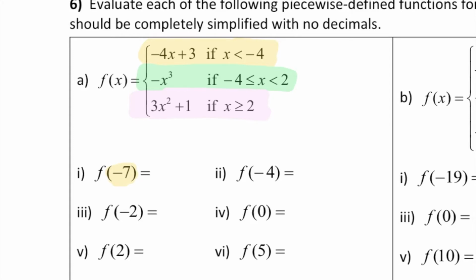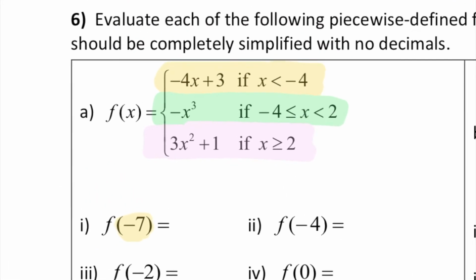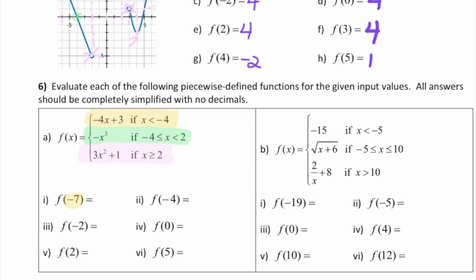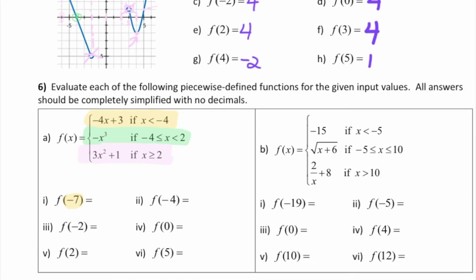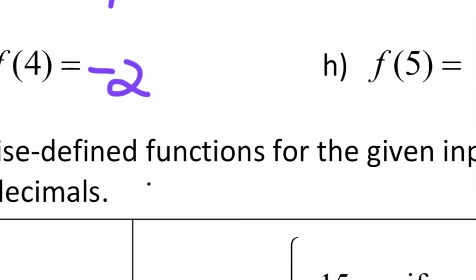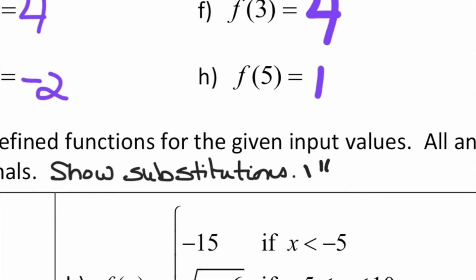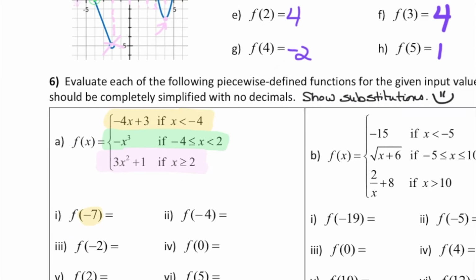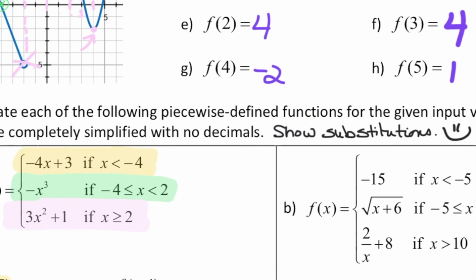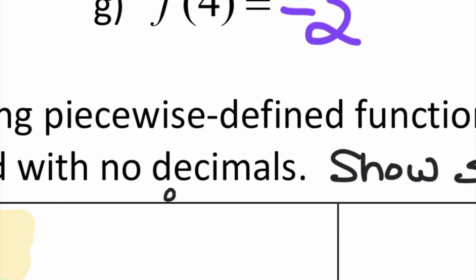And so when I compute that, I do want you to show your substitutions. I didn't say that. Why didn't I say that? Wait a second. It'll be in the directions soon. Show substitutions. Oh, and your answers should be simplified with no decimals or parentheses.